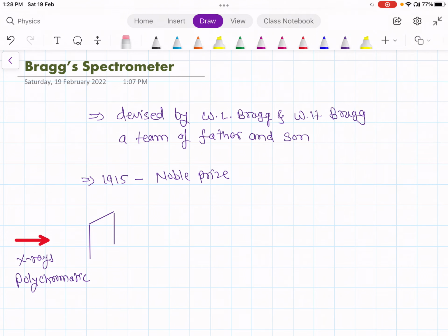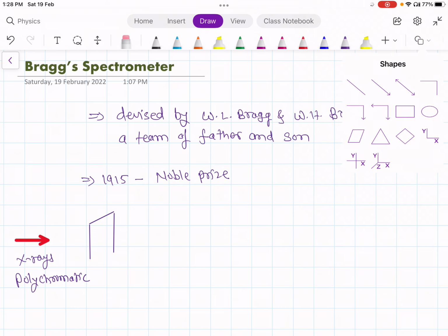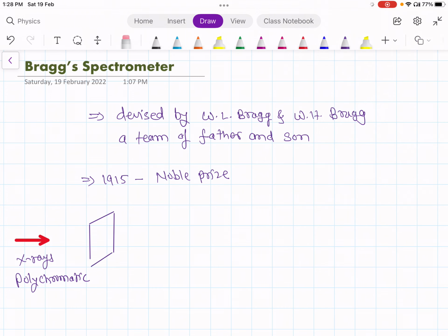What this filter does is, it filters out all the wavelengths but one. Only one wave is allowed to pass through this filter. There are different types of filter for different wavelengths. Whichever wavelength you want, you can select using a different filter.